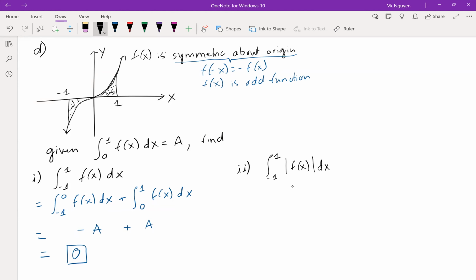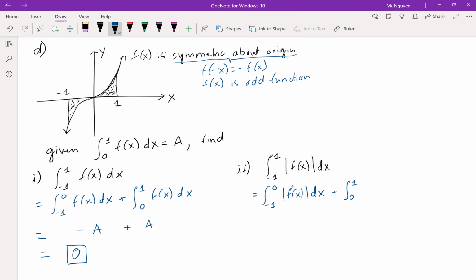Same thing here, huh? We're going to cut this into 2 different regions. 2 different integrals. Negative 1 to 0 absolute value f(x) dx plus 0 to 1.